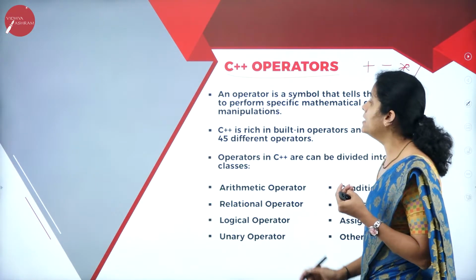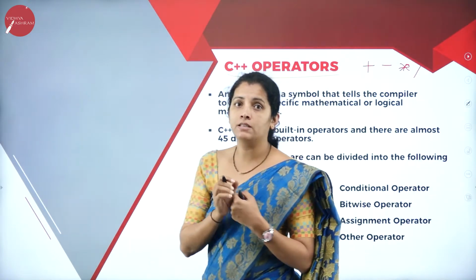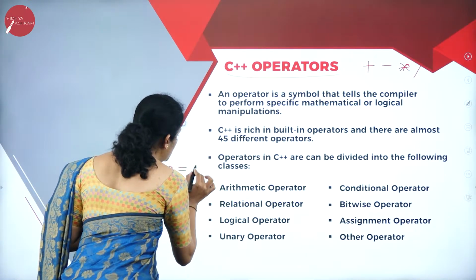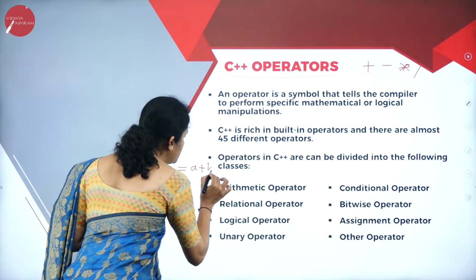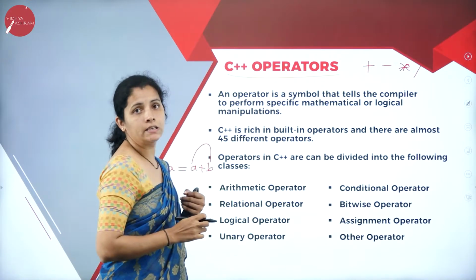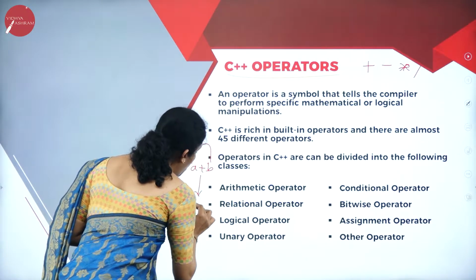For example, if I want to add two numbers, I'll write A equal to A plus B. So here A and B are the operands and plus is the operator.